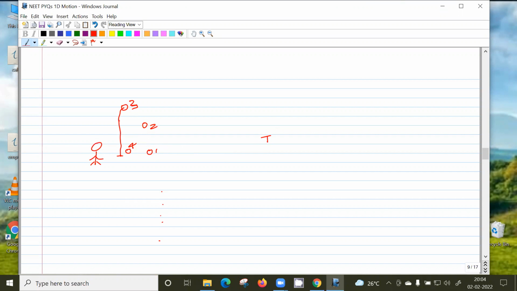So 3 intervals. So the time interval between the 2 throws should be T by 3. The first ball he throws at time 0, the second ball at time T by 3, the third ball at time 2T by 3, and the fourth ball he will throw at time T, when the first ball has come down.